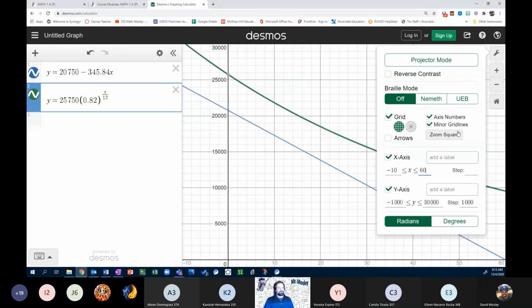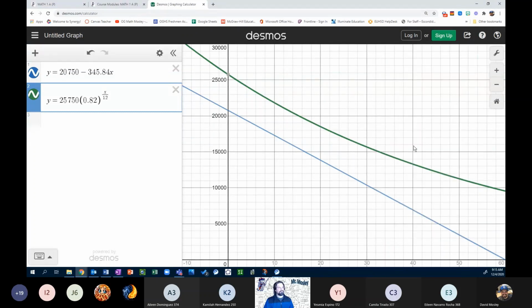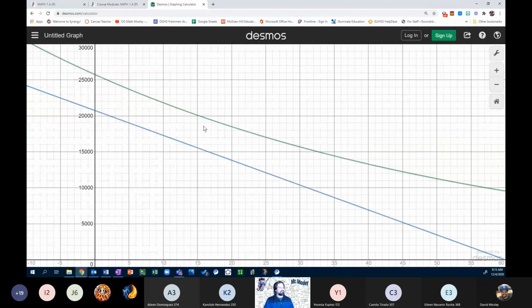Right. So look at this. The blue line represents our financing, right? This is not doing what it's supposed to do. What did I do wrong?